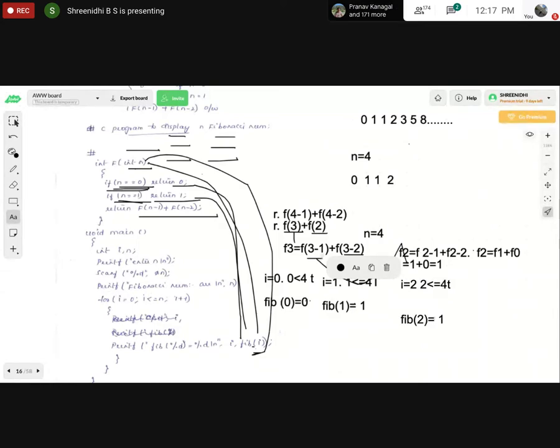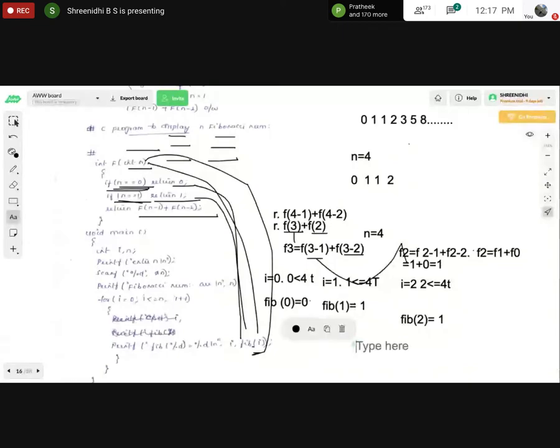Now I have to calculate f of 3. What will be f of 3? f of 3 means f of n minus 1, which is 1, plus f of 2. f of 0 will be 0, f of 2 will be 1.